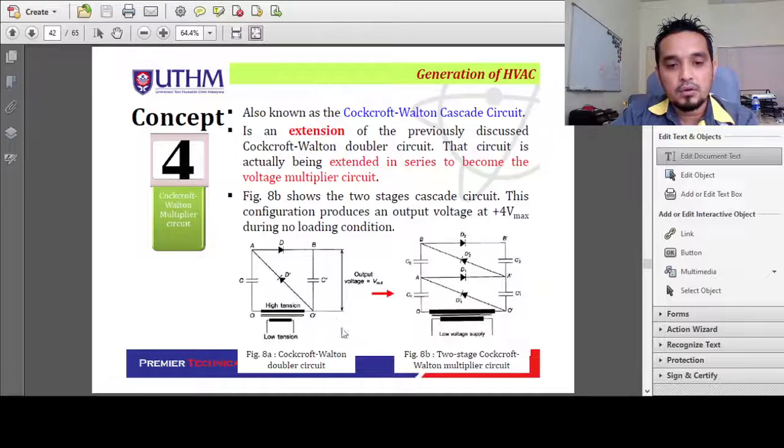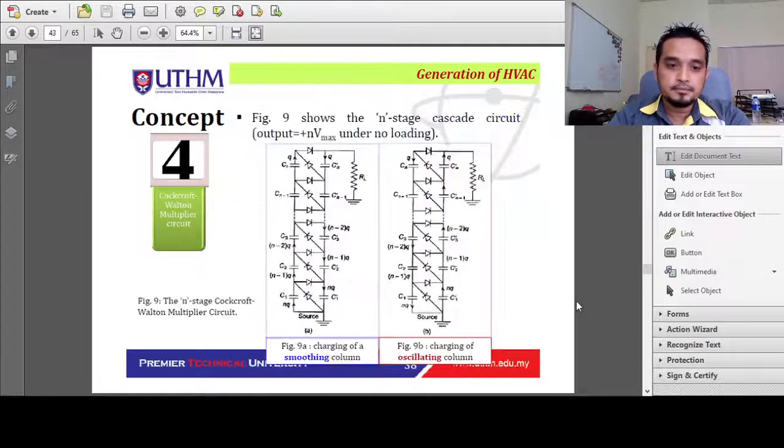The Cockcroft-Walton doubler circuit produces 2 Vmax, and if we cascade 2, we get 4. If we cascade 3, we get 6, and so on. An n-stage circuit will give you n Vmax.